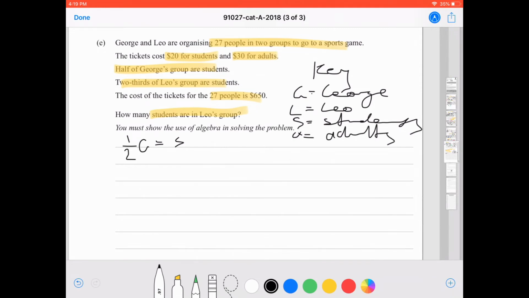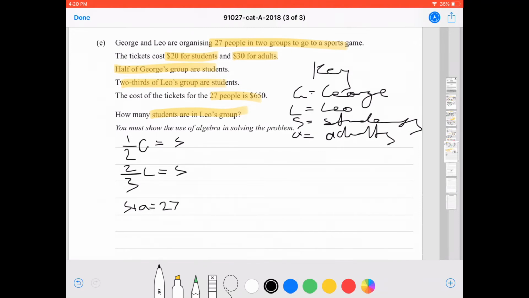Okay, so half of G equals S. For Leo, 2/3 of L equals S. Let's also say we know 27 people in total are going, so we could say S plus A equals 27.